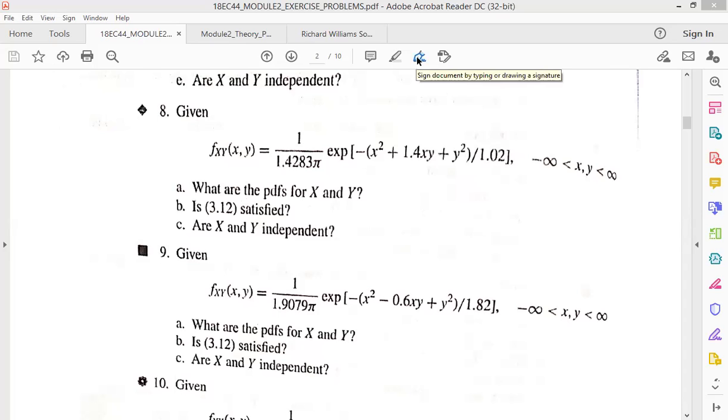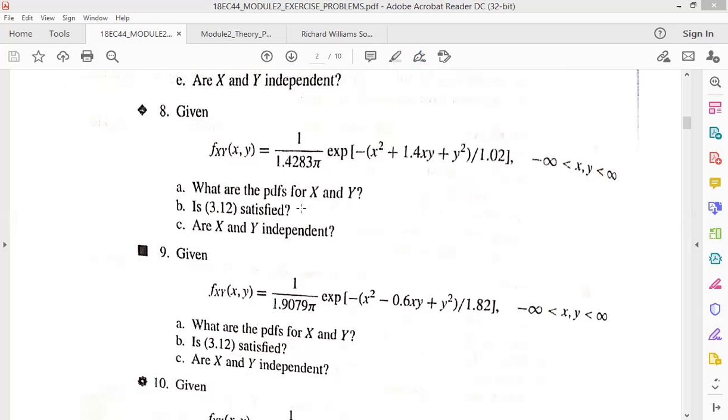That is the part we have to find. Here we are asked to find fxy of infinity comma infinity, whether it is equal to 1. So part B is whether 3.12 is satisfied.